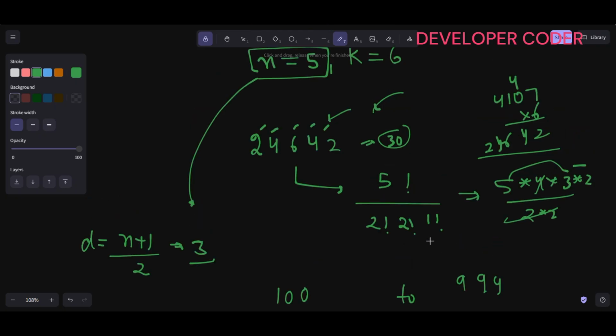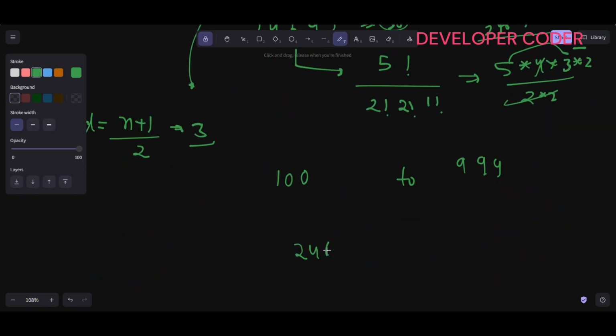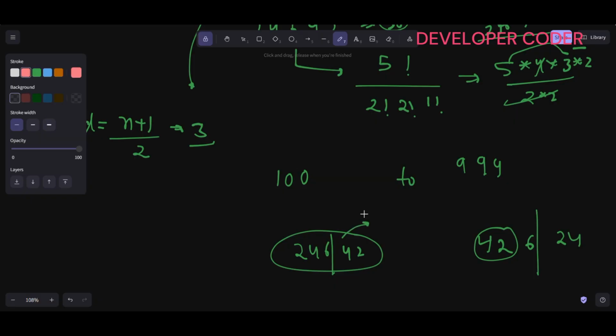So you get this 246, and for this you generate this 42 here. Later on you write this 42, and in between you use 6, and again you generate the half opposite, 24. In both these numbers, 2 is occurring 2 times, 4 is occurring 2 times, 6 is occurring 1 time.